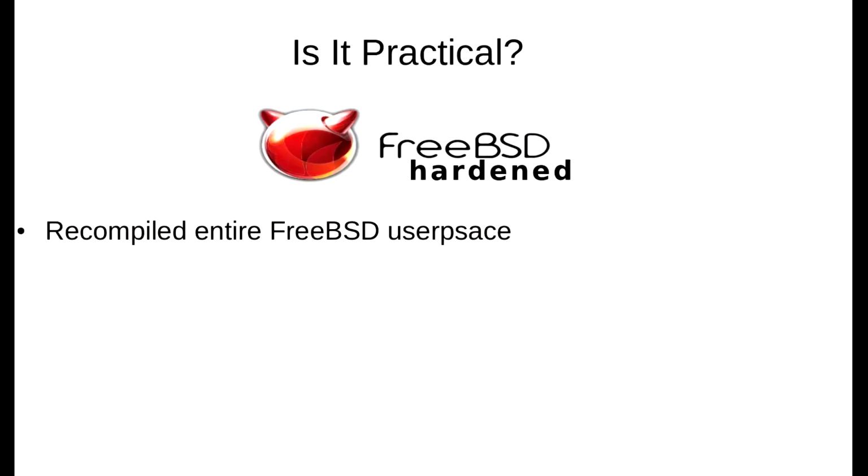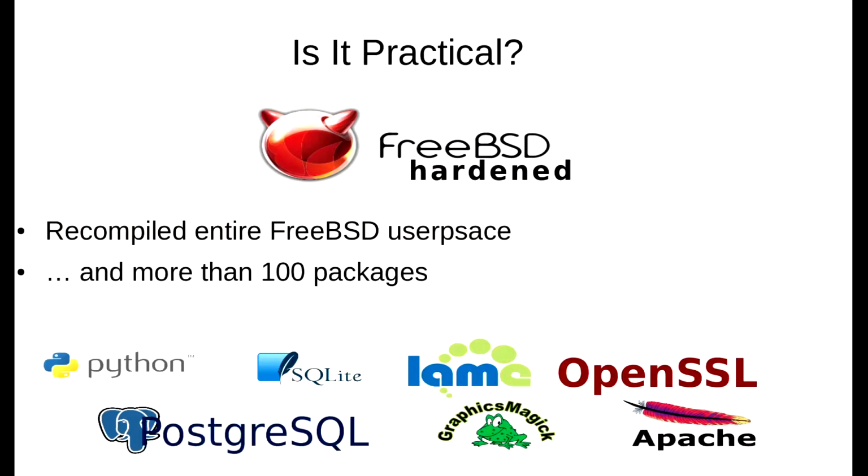We recompiled the complete FreeBSD user space with our protection, and in addition to that, more than 100 packages with strong protection guarantees, where we can now guarantee that control flow hijack attacks are no longer possible at fairly low overhead.